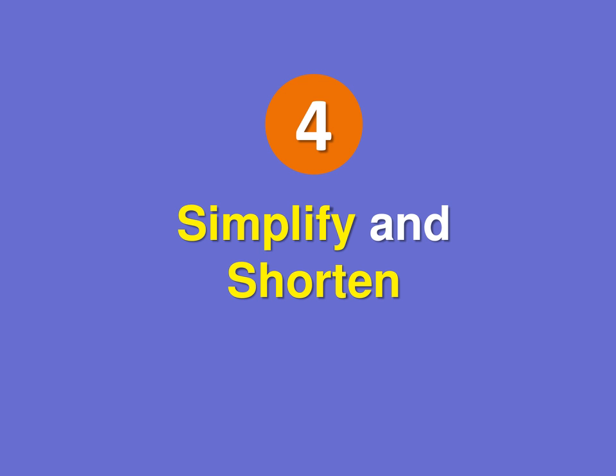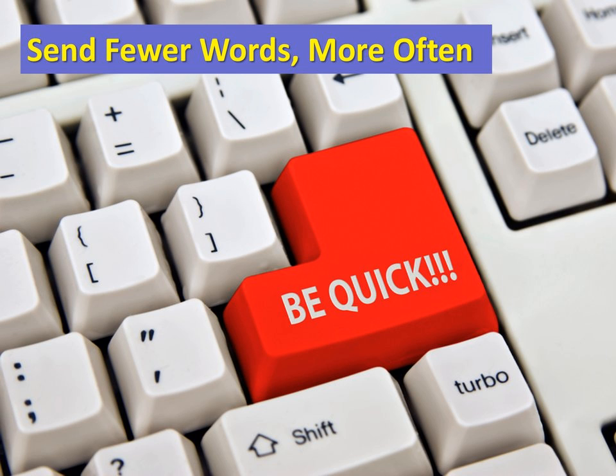Okay, so let's go ahead and talk about tip number 4 here, which is to really simplify, shorten, and streamline. And this should actually be a huge relief to a lot of you because it means you have to do less work. So let's look at what I'm actually talking about. I want you to think about sending fewer words more often.